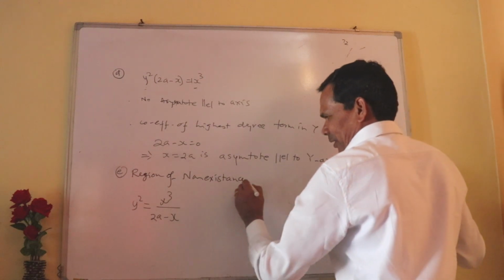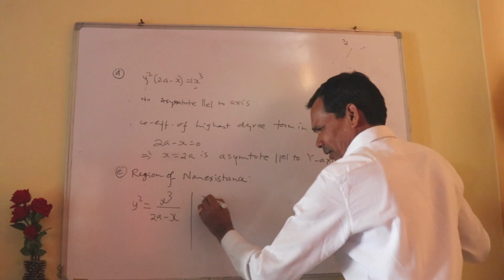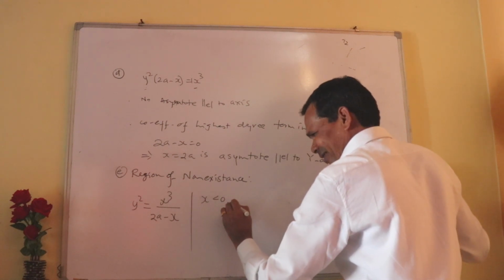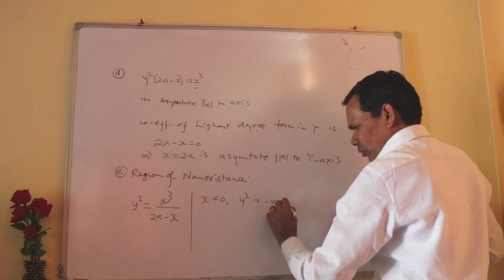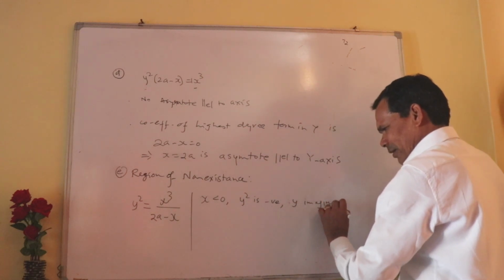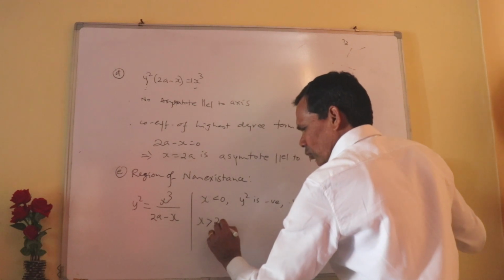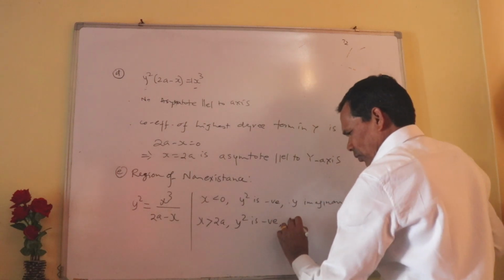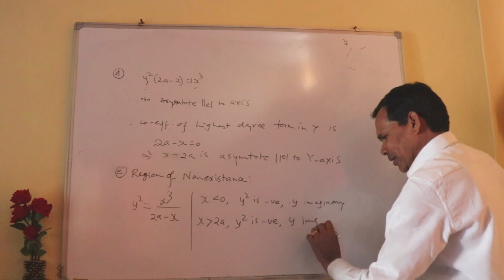If you observe, for x less than 0, x negative, y square is negative, so y is imaginary, and for x greater than 2a, y square is negative, so y is imaginary.